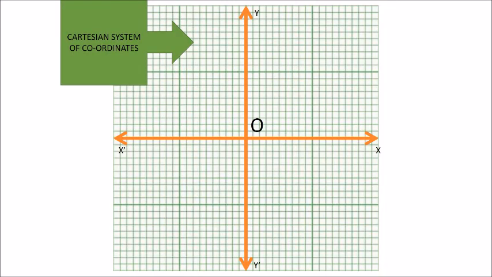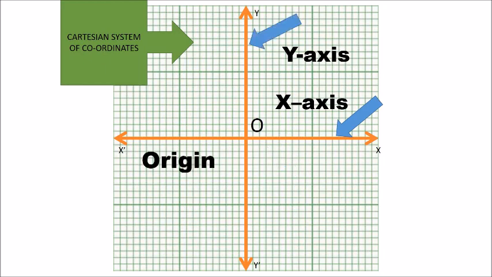The two mutually perpendicular lines intersecting each other at O are called coordinate axes. The horizontal number line XOX dash is called the x-axis, while the vertical line YOY dash is called the y-axis. And the point of intersection O is called the origin.